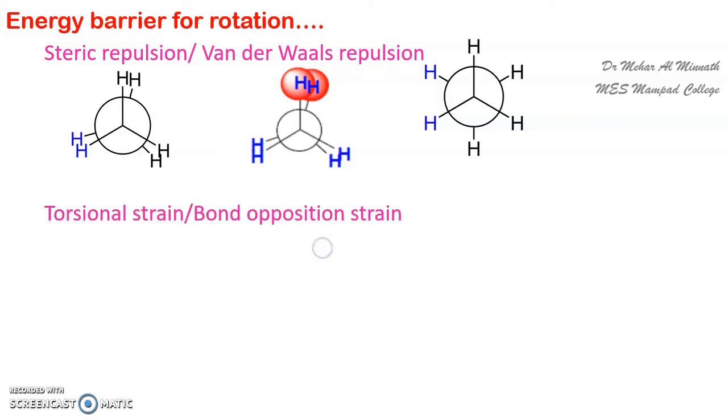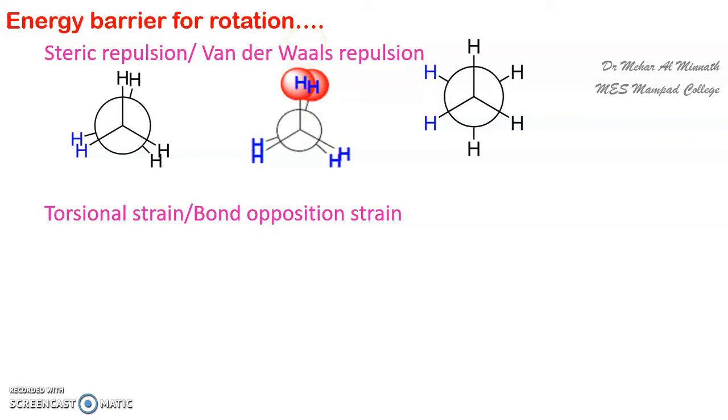Now, this strain, the steric repulsion, contributes only 10% towards the instability of the eclipsed form because of the small size of the hydrogen atom. Not much effect is there.